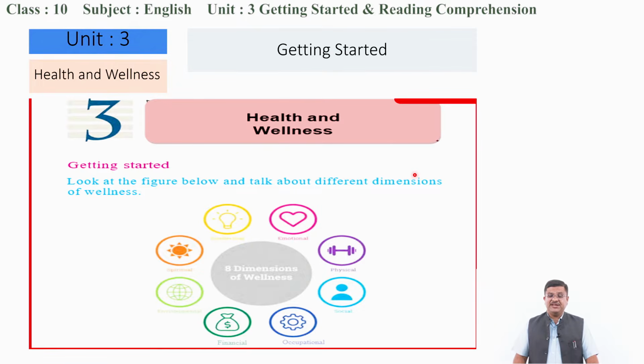So what do you see in this given figure? Can you guess? Good. There are 8 dimensions of wellness. How can we make our body fit and healthy? What essential factors do we need to make our body healthy and fit?